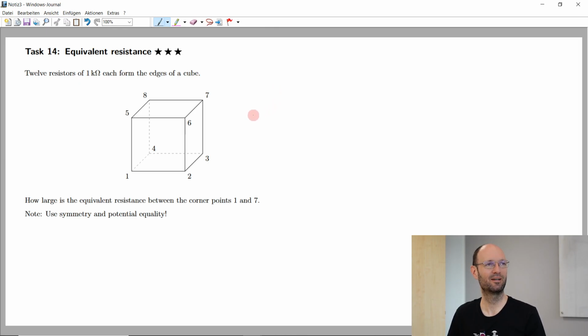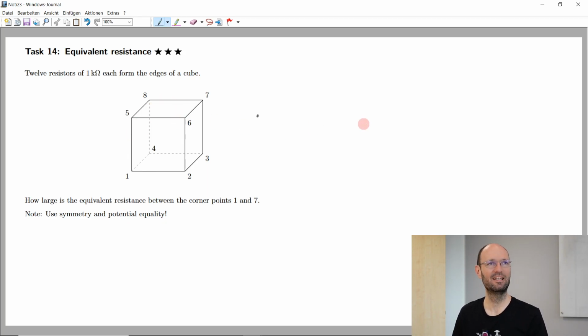But let's try to do something like this. The problem here is that it's very difficult to see which resistors are in series or in parallel to each other because of this three-dimensional geometry, and some currents will go up and some currents will go to this side and to this side and so on.